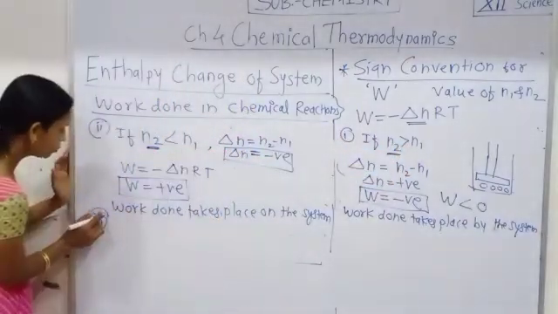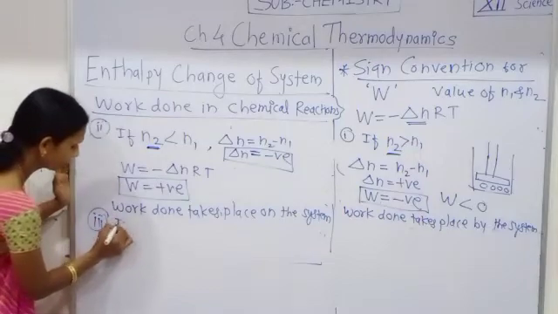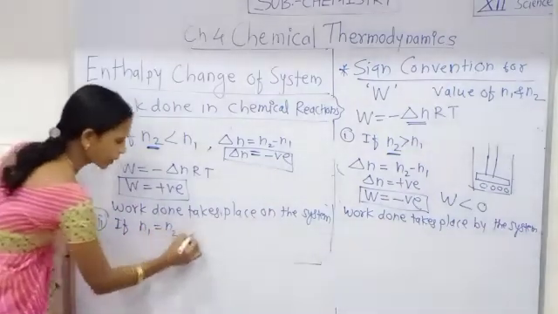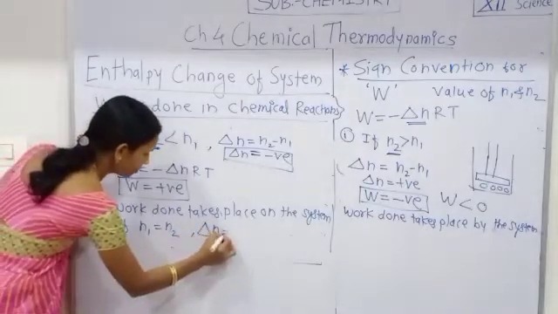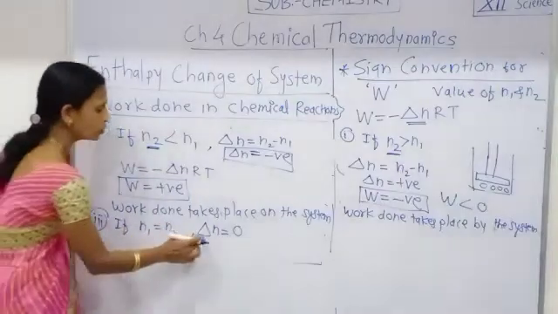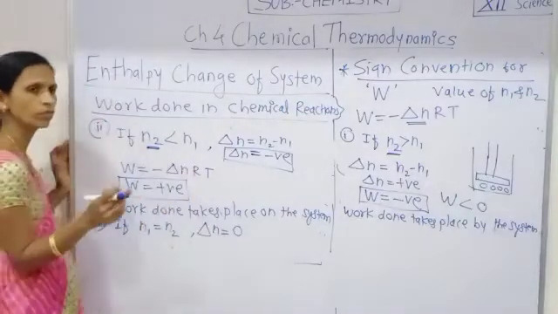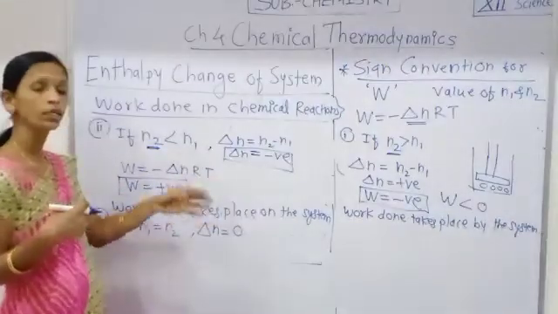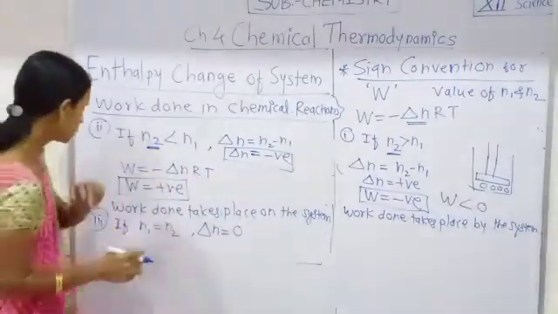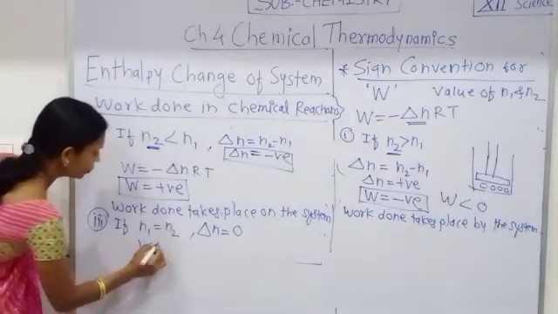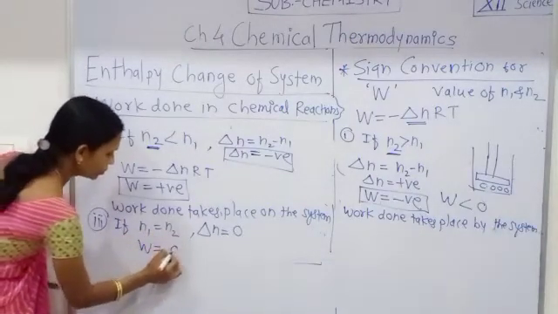Then there is one more condition: if N1 is equal to N2, then delta N is 0. That means there is no change in the number of moles of gaseous reactant and product molecules during the process in the system, and therefore W is equal to 0.